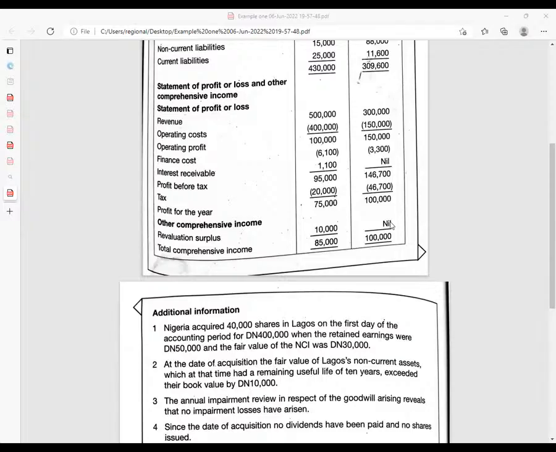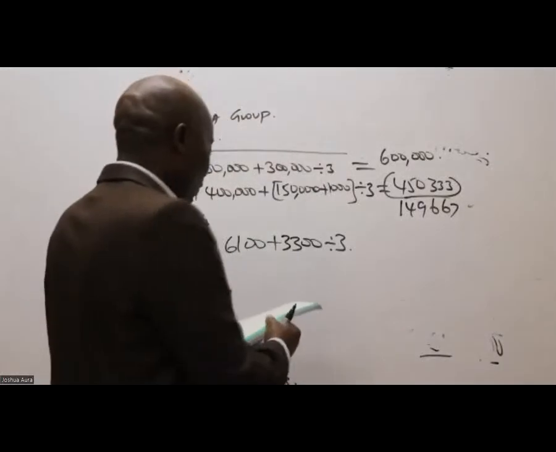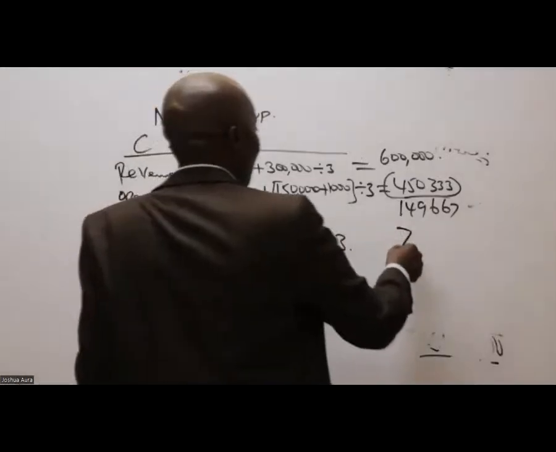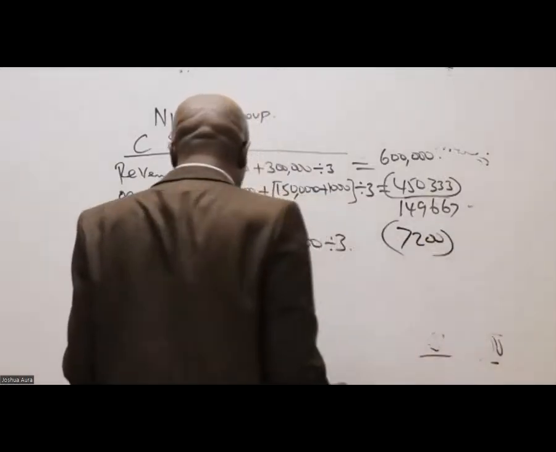But you see, this 3,300 has to be translated, so divided by the average rate, which is 3. Could you kindly give me this finance cost figure? What do we have there? 7,200. I'm supposed to deduct that.